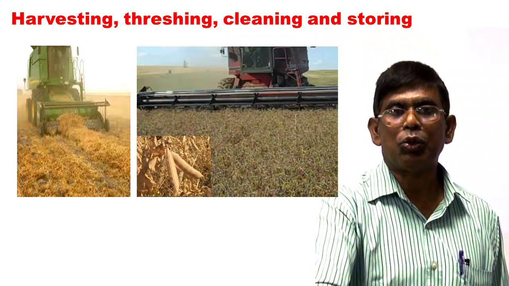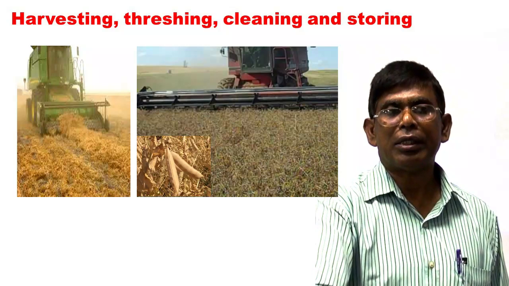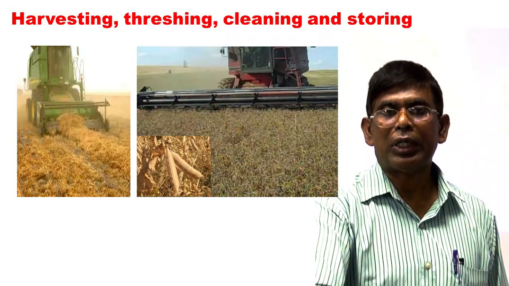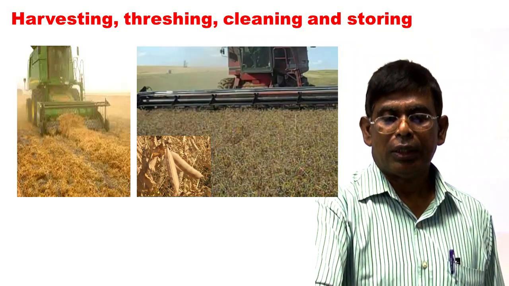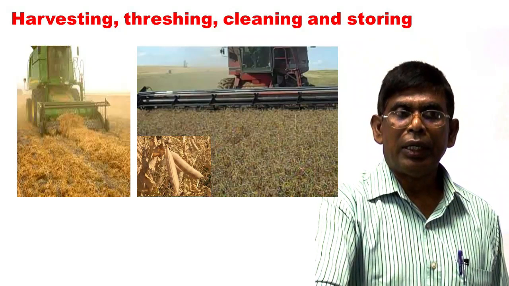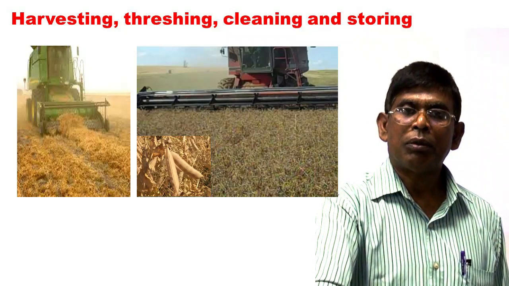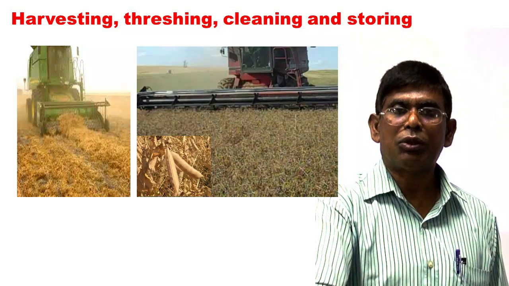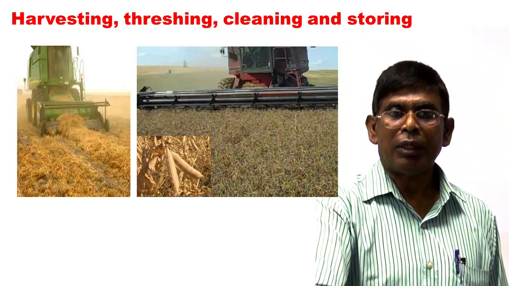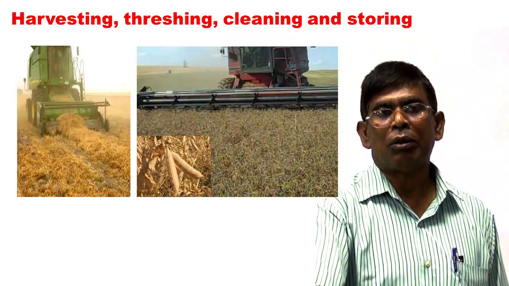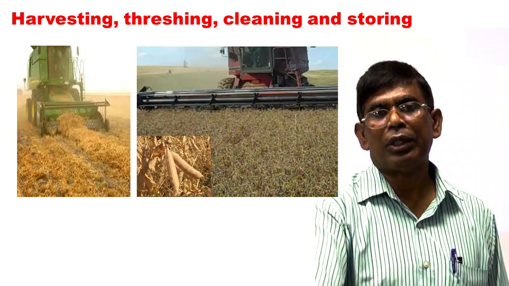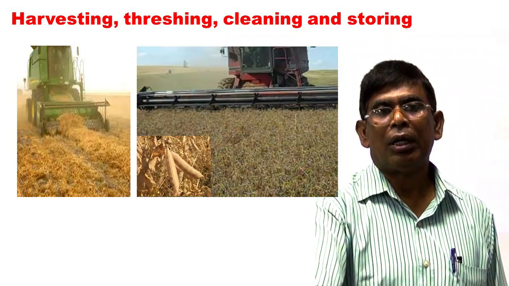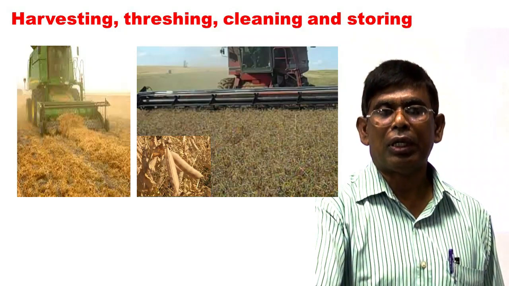Before storing, you should clean the grains properly of unwanted parts of the plant. And then the seeds should be kept in a bin in a dry place, so that stored grain pest attack can be avoided.